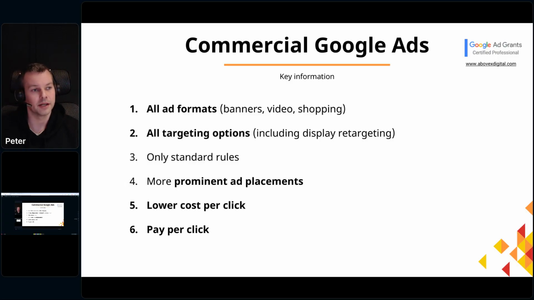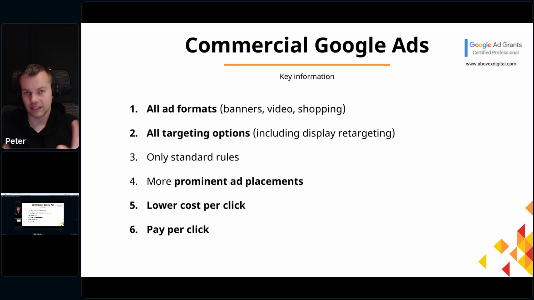Those of you who are not familiar with what this is, well, it's a standard commercial version of Google Ads that any commercial advertiser uses, retailers, car dealers, everybody who has a commercial for-profit company and wants to obviously advertise within Google search, they all use commercial Google Ads accounts.